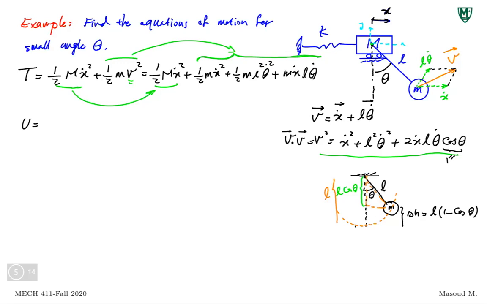So the H, or delta H, or change in height would be L minus L cosine theta. And then I factored out L. So it becomes L times 1 minus cosine theta.